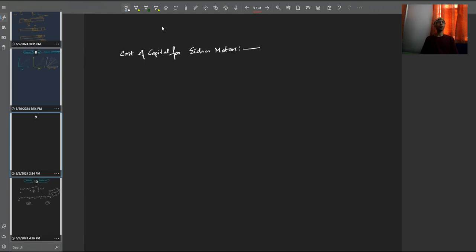So friends, we already know the expression for cost of capital, right? Cost of capital is equal to market value of debt divided by the total proportion of capital in terms of market value, that is market value of debt plus market value of equity, multiplied by the cost of debt multiplied by (1 minus tax rate).